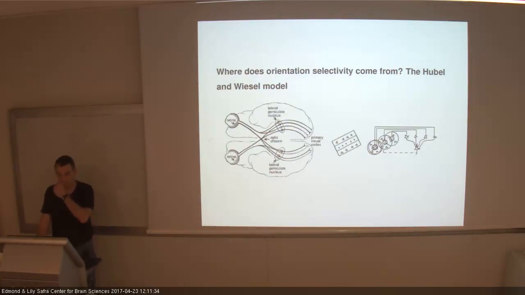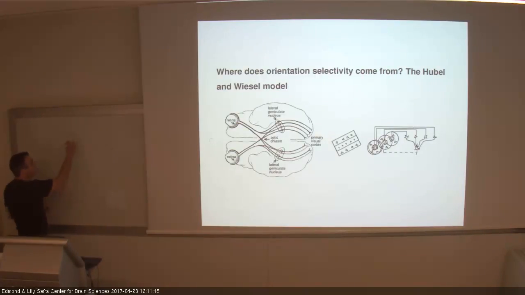Yes? The receptive fields here are for the LGN? Yes, this is for the LGN. So I don't understand what you said about their preference. Let's say that these are the receptive fields. They respond best to stimuli that are in these circles.